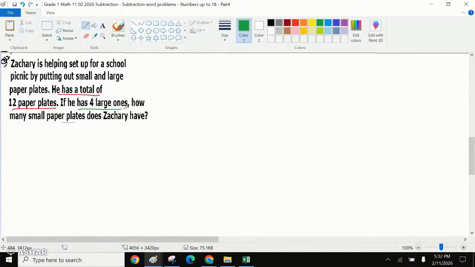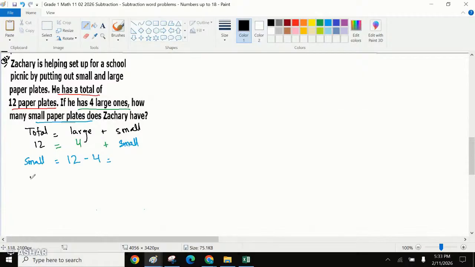Out of those 12, 4 are large. How many would be the smaller ones? Can we say that the total number of plates, that was 12, should be equal to the large plus the small sizes? How many were large? 4 were large. And how many were small? We don't know. So if we have to find the number of small paper plates, can we say that from the total, we subtract the number of large?